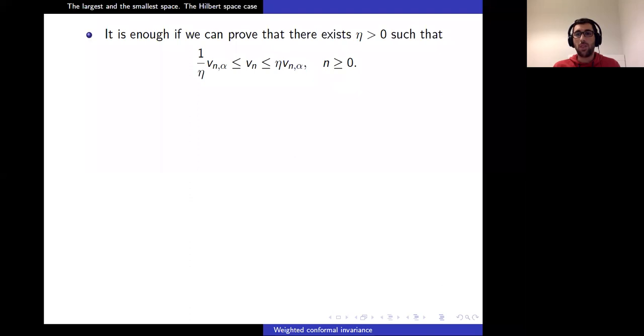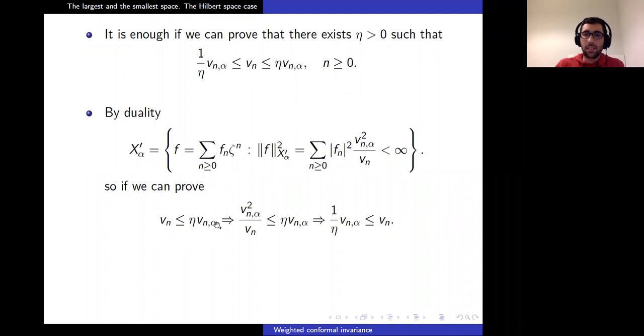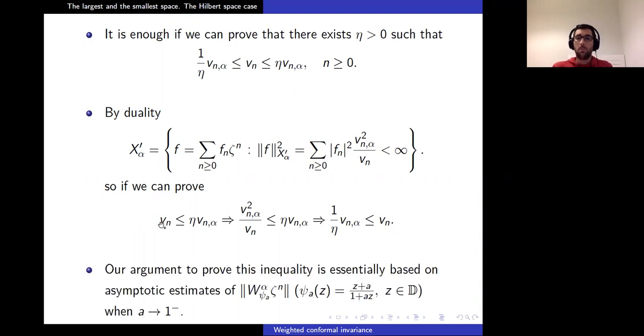But we can even reduce this using the duality theorem, because if we can prove that this second inequality holds for any conformal invariant space of index alpha, then in particular, this inequality holds for the space X prime alpha. And with this information, we can deduce that the first inequality also holds. So now, to prove the second inequality, we will use an argument based on asymptotic estimates of this norm. Here we can see the weighted composition operator that appears in property 3.